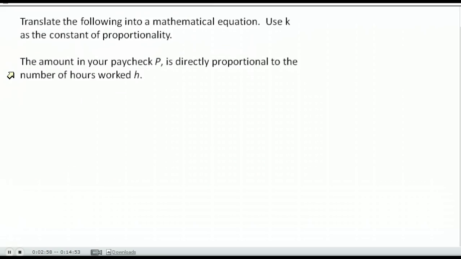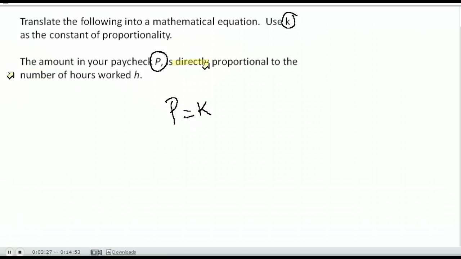Okay, here we go. The amount in your paycheck P is directly proportional to the number of hours worked each. So again, what we want to look for is what type of proportionality or what type of variation we're given. And this one says it's directly, so we know we're using multiplication. So it says the amount in your paycheck P is directly proportional, and it told us to use K as our constant.